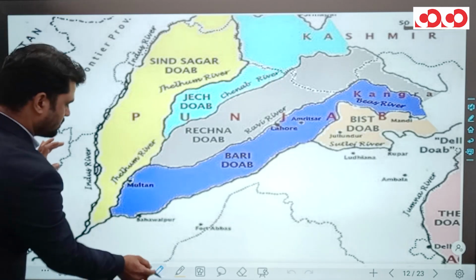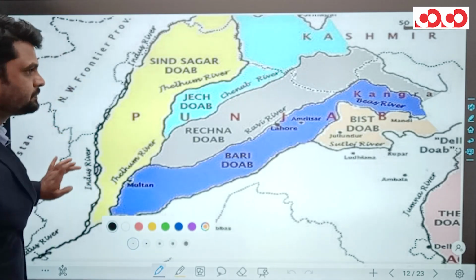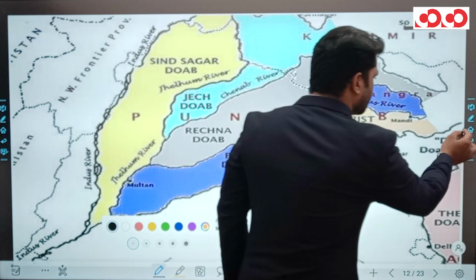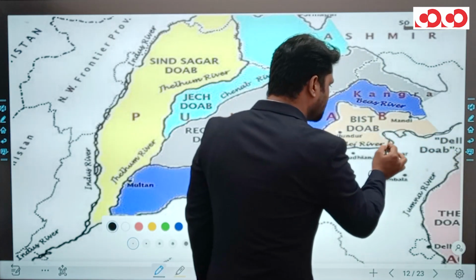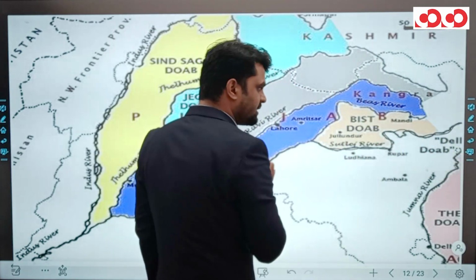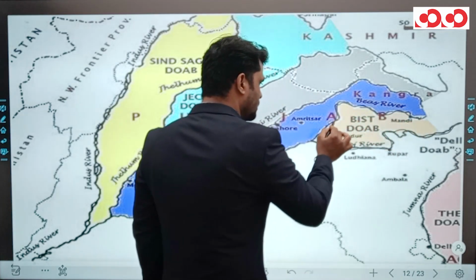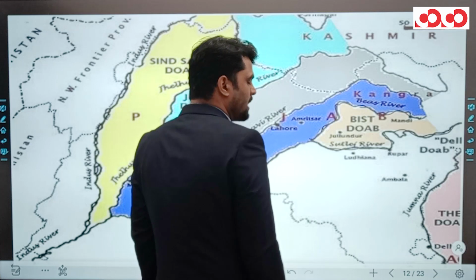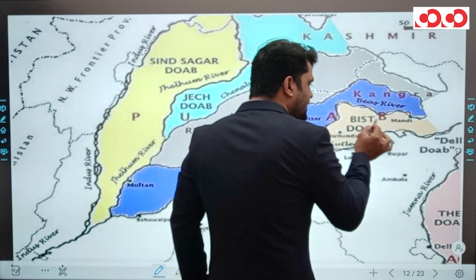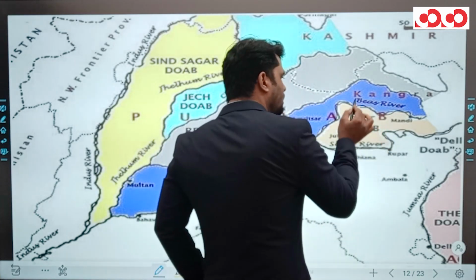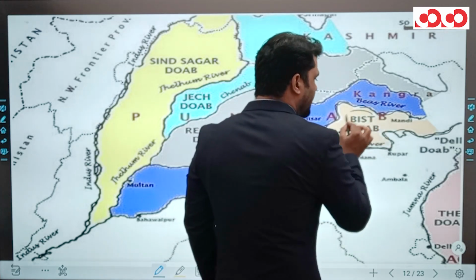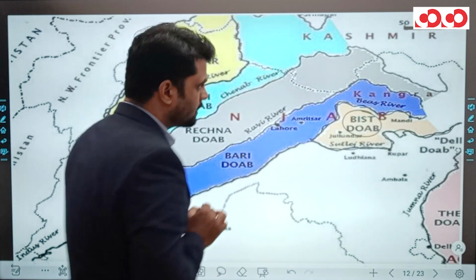Clear? Okay, here are the examples. First, this is the southernmost river of the Indus river system, that is Satluj, and this river is Beas. The land mass between Satluj and Beas is known as Bist Doab. Clear?